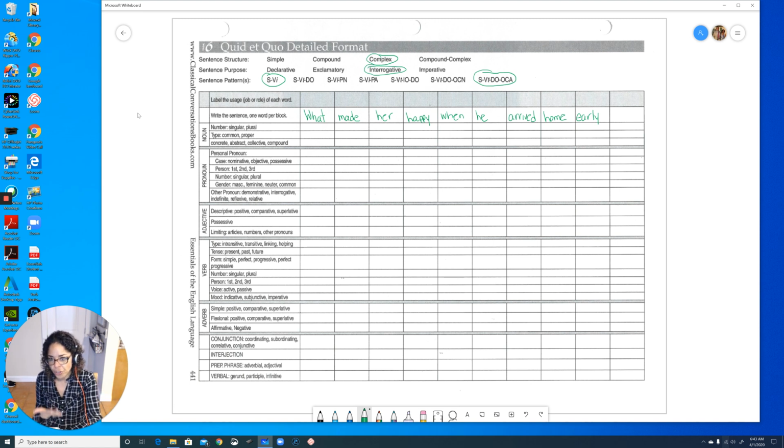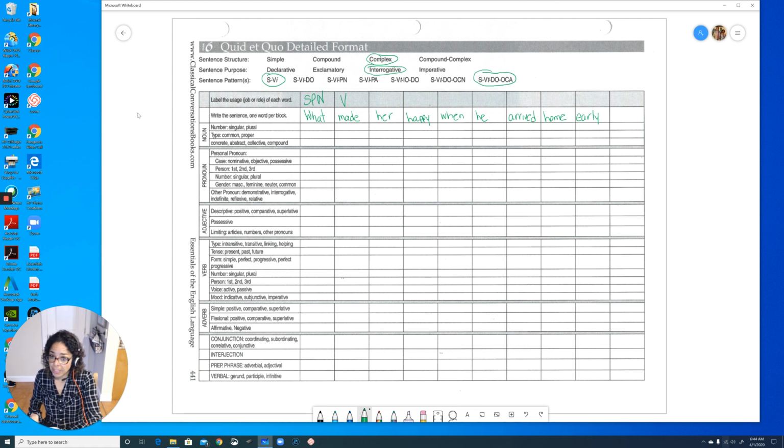So let's do our first independent clause. What made her happy? So what is what made her happy? That's going to be our subject pronoun. What is being said about what? What made? That's going to be our verb. What made whom? Her.